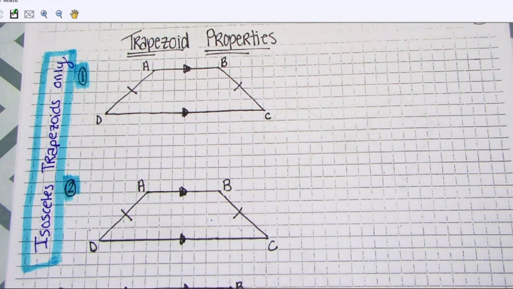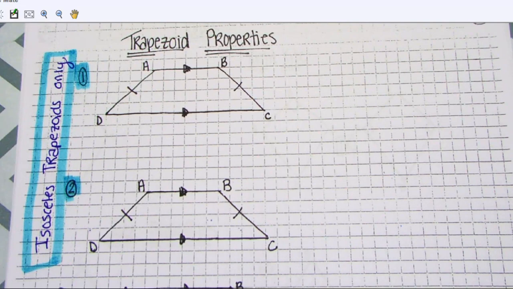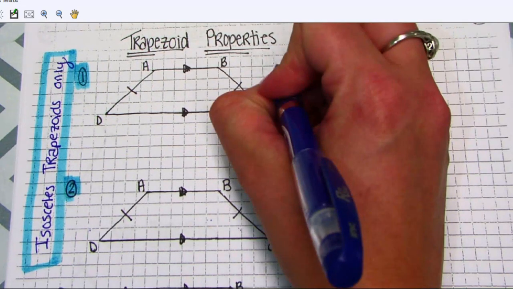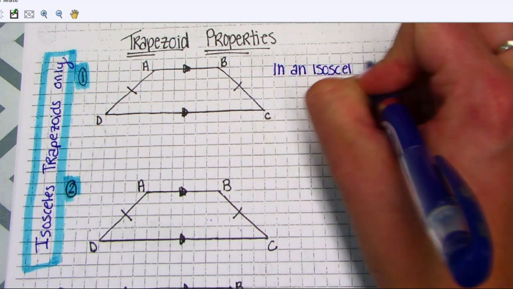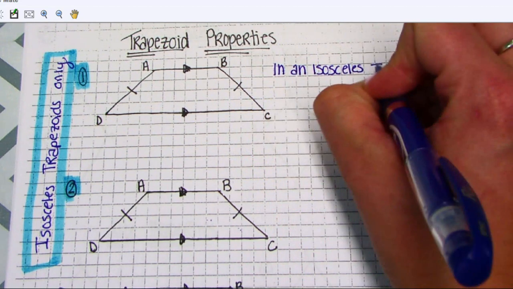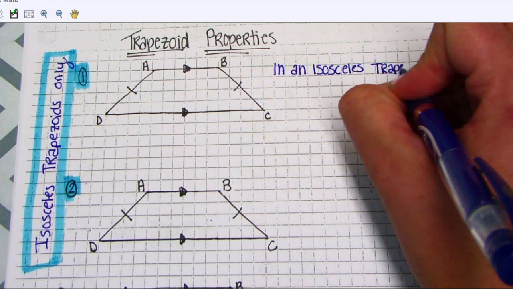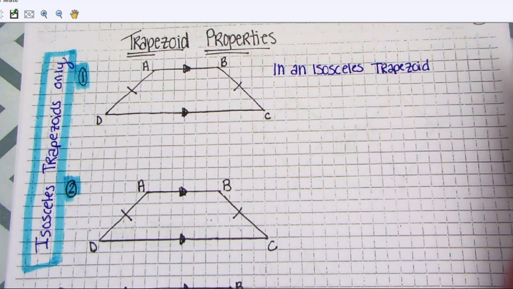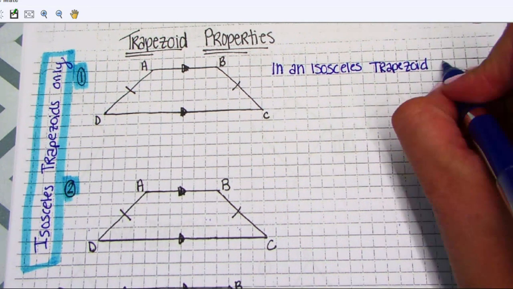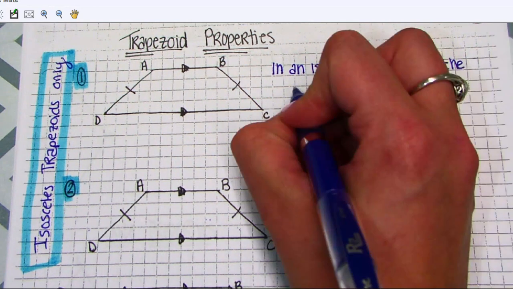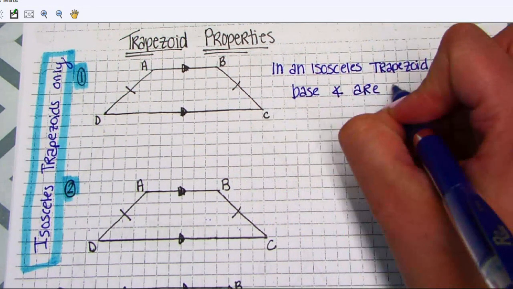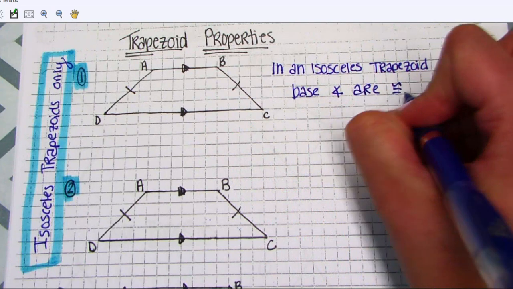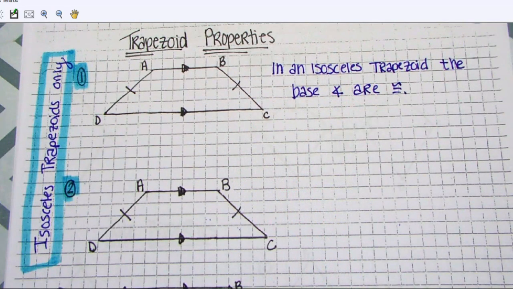So for the first one, in an isosceles trapezoid, this only works if it's isosceles, the base angles are congruent. And we did talk about that already, but it is a property for isosceles trapezoids. So that's why I'm just going back over it one more time.